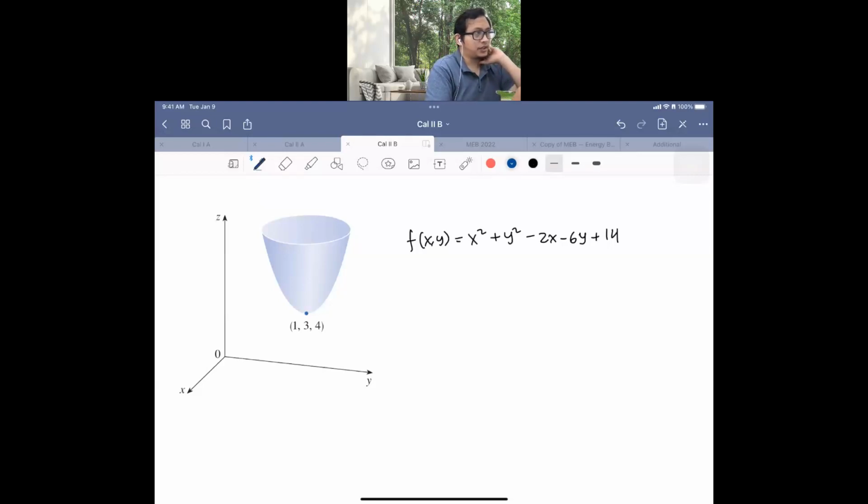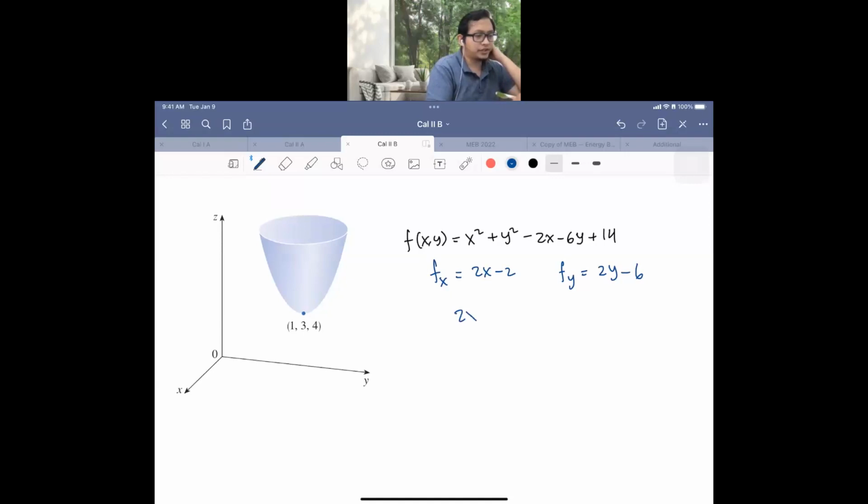If we would like to observe the maximum and minimum value, we can start with the partial x. This will be 2x minus 2, and then partial y will be 2y minus 6. If we set 2x minus 2 equals 0 and 2y minus 6 equals 0, in order to find the critical points, we get x equals 1, y equals 3.